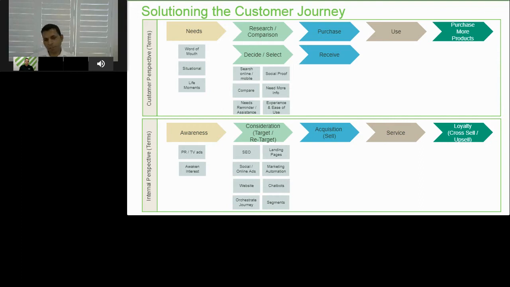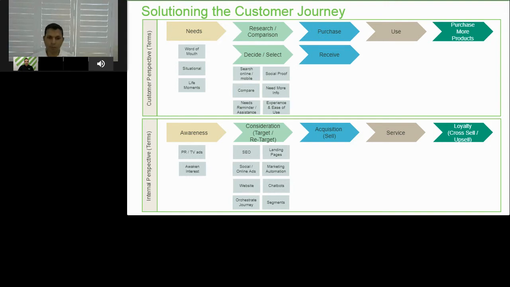So what I'm trying to show here is that on the external side, there's a way of seeing, like searching or comparing. But from the internal point of view, it's about using technology capabilities to connect your brand or product at the point where the customer is looking.